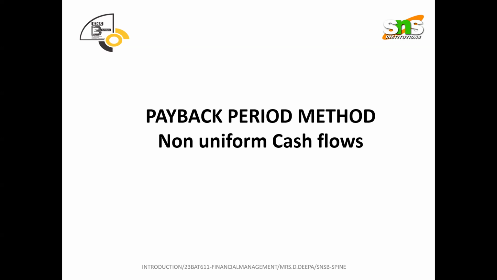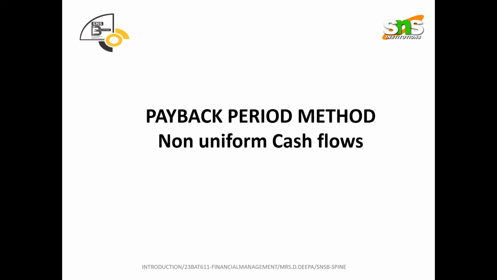For all the years, say, it is 50,000. For the first year it is 50,000, and for the second, again 50,000. So for all 5 years, annual cash inflows will be 50,000. That is why they are called uniform cash inflows. The formula for that is initial investment divided by annual cash inflow.